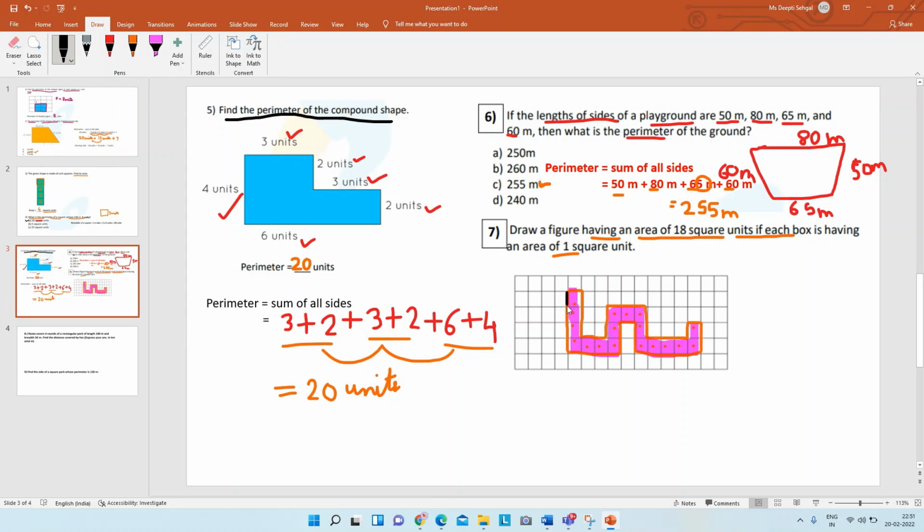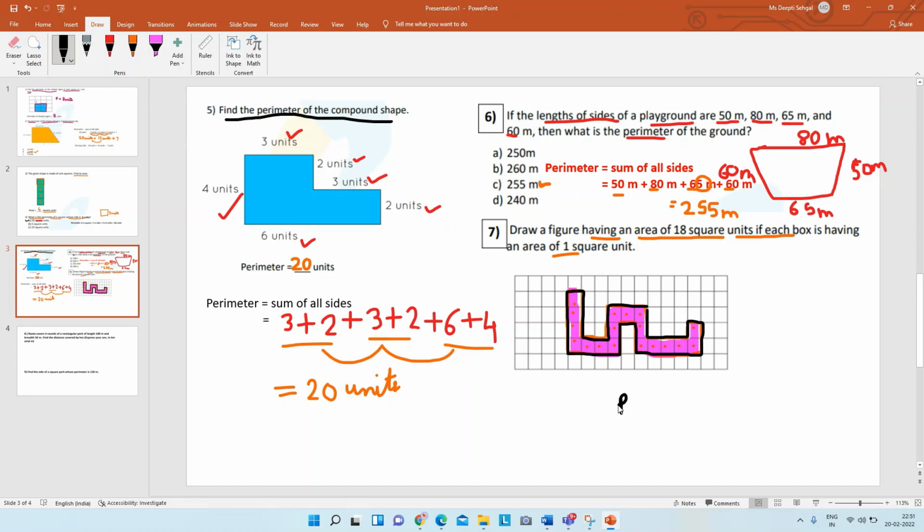तो पेरीमीटर क्या होगा? This is 1, 2, 3, 4, counting up through 27, then 28, 29, up to 35, 36, 37 and 38.